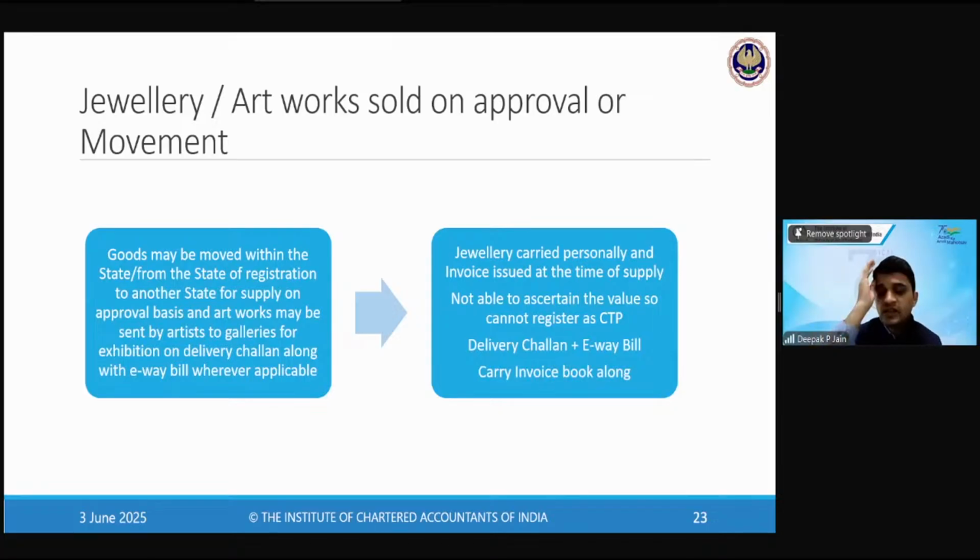In the case of CKD or SKD, you will raise a delivery challan and an invoice. So based on each situation, it has to be seen whether all the delivery challans will get converted or not.